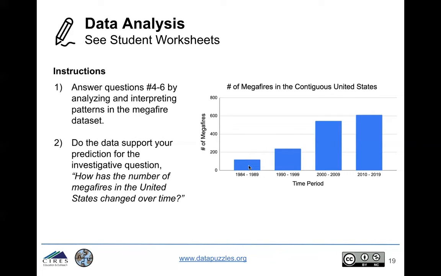We're missing a few years. So could it be that there were many more megafires in this 84 to 89 time period? Or sorry, if we broke this out into a 1980 to 1989 time period, such that each time period were 10 years, maybe there would have been more megafires here. So definitely something that's important to point out or discuss. And like Shelley pointed out here, hopefully your students point that out.